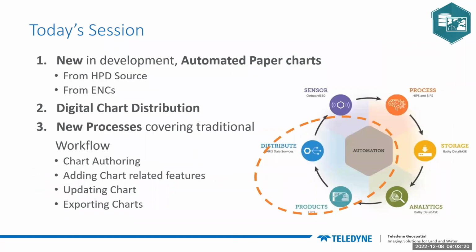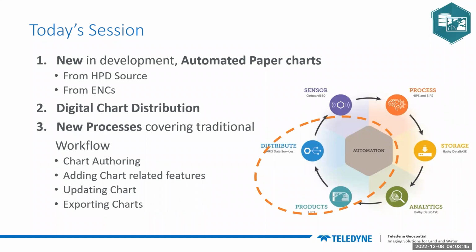So today's session is all about automated paper charting. There's a couple of aspects to that. We're going to first talk to the new automated paper chart routines that we have. So we're working internally at the moment on some development activity to create an automated digital chart product.